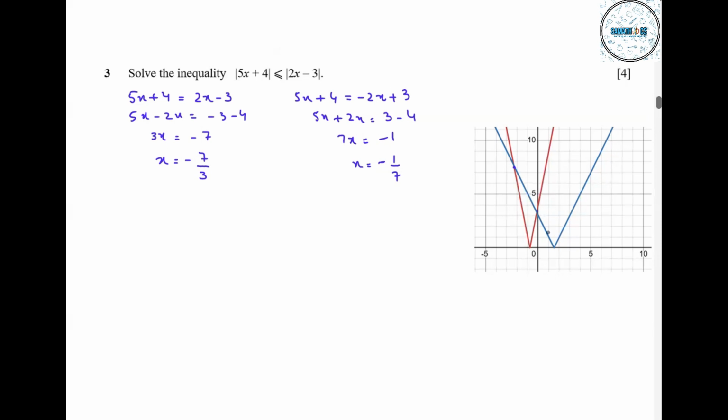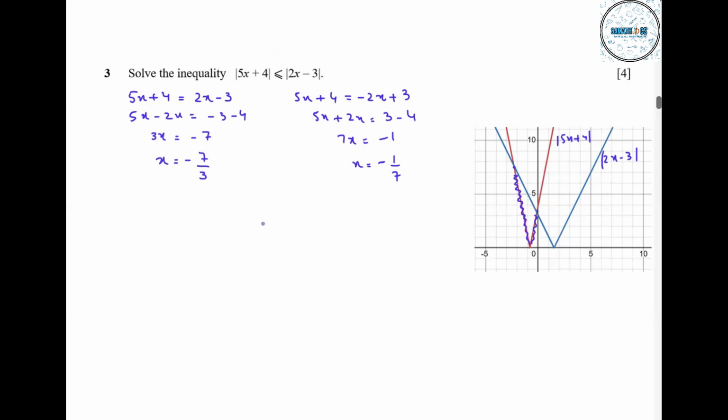So, this is the graph of absolute of 2x minus 3, and the red one is the graph of 5x plus 4. So, we have to consider the part where 5x plus 4 is lesser than 2x minus 3. So, we have to consider this part of the curve.